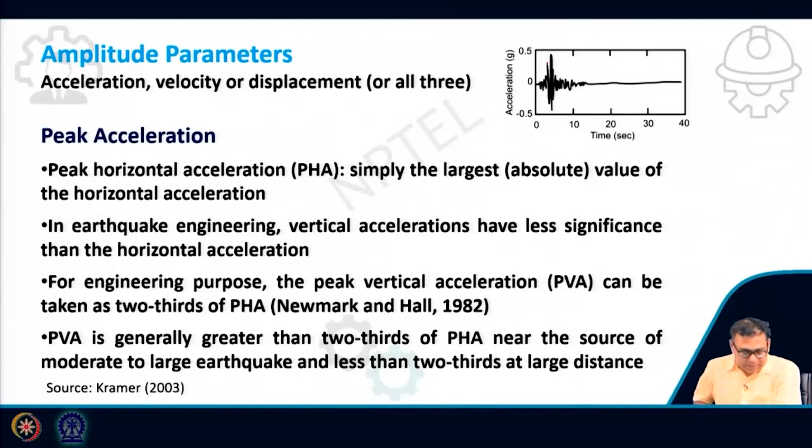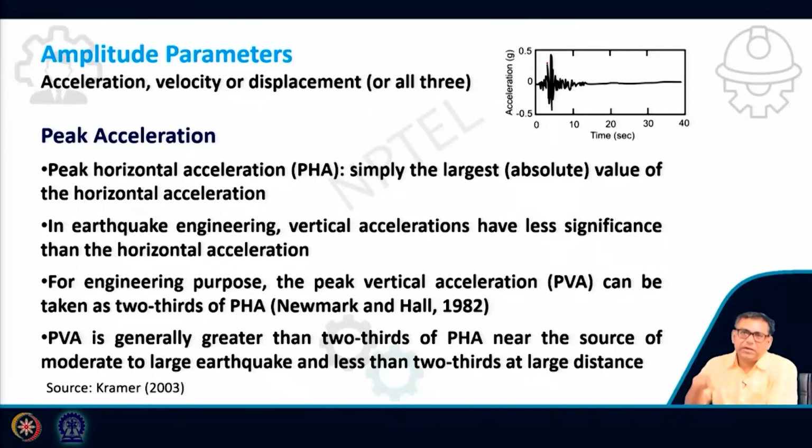But remember that peak vertical acceleration is generally greater than 2/3 of PHA near the source of moderate to large earthquake and less than 2/3 at large distance. So this is the thumb rule that you are using, 2/3 of PHA, but it is also not always true.